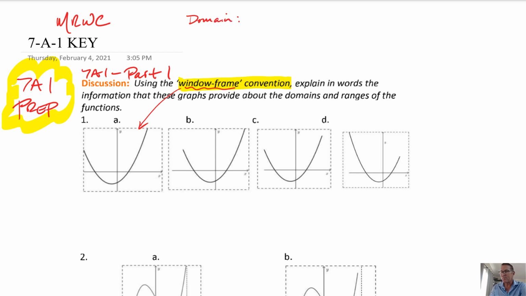There are different definitions of domain and range, but I'm just going to give you a short, concise definition for both. The domain is the set of all possible x values. I'm using the variable x as our input variable, although it doesn't have to be.